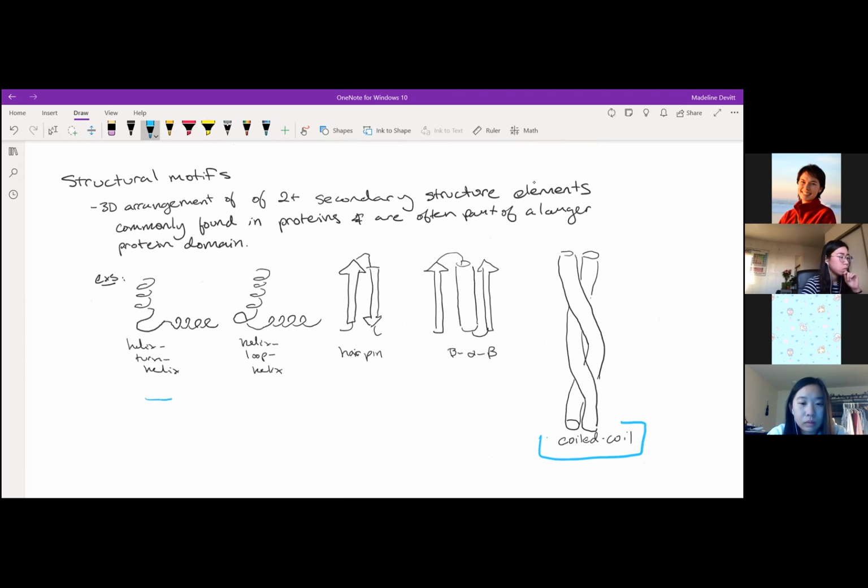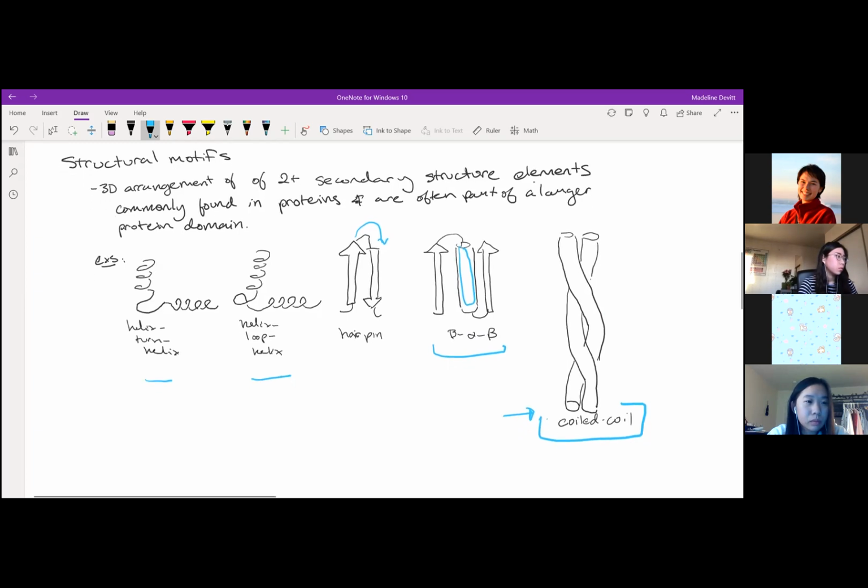Helices connected by turns or loops, or hairpins on antiparallel beta sheets. Or this is a nifty one, where you can see the formation of parallel beta sheets with this alpha helix being offset from that plane. We will focus later on the coiled-coil domain, or a different tutor will discuss in more detail this motif.